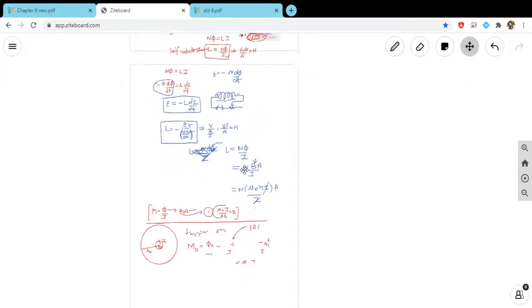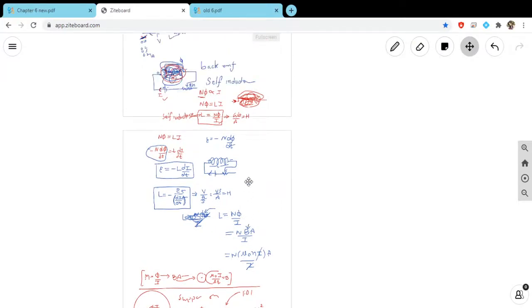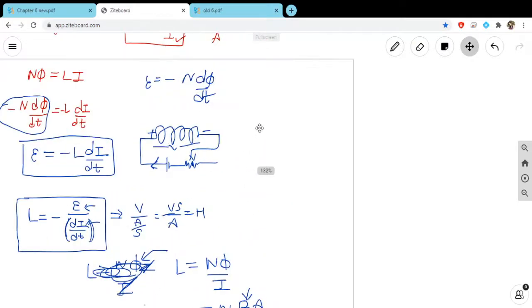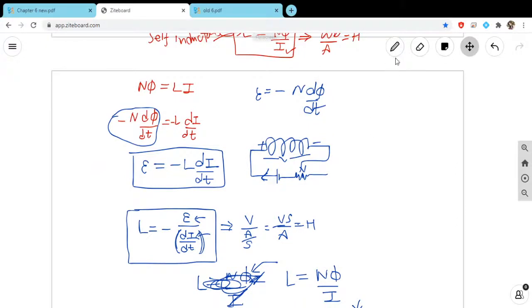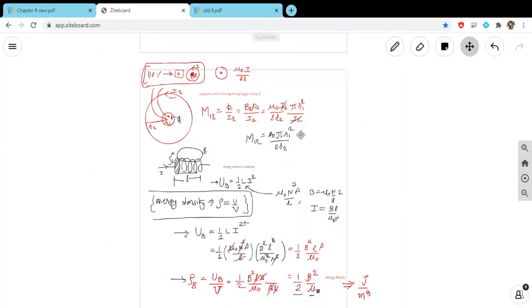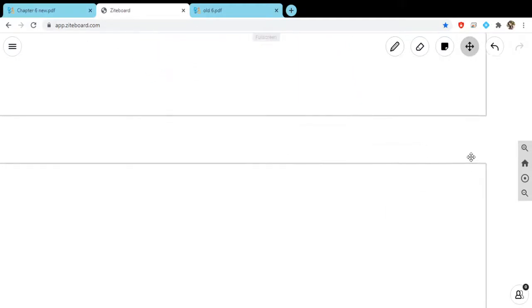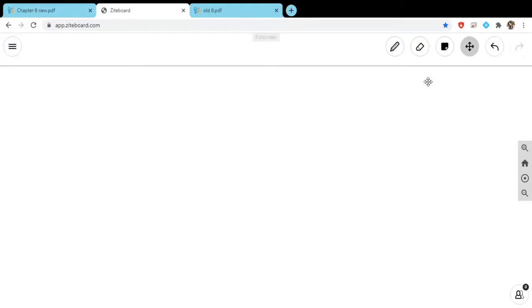In case of AC generator, actually, it must not be saved. Okay, just forget that.